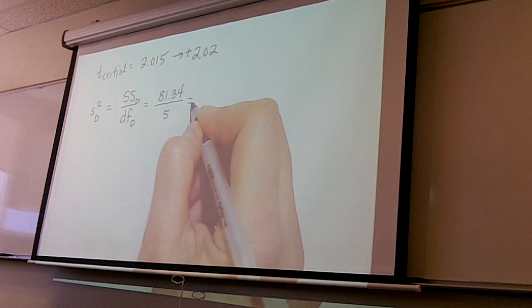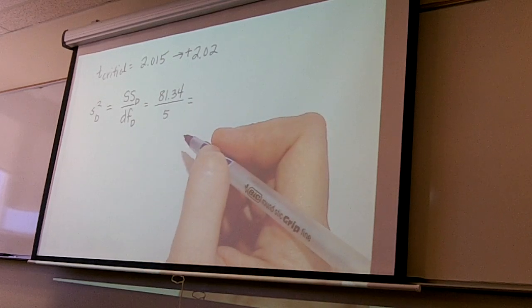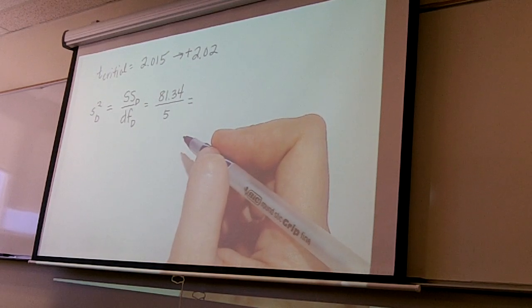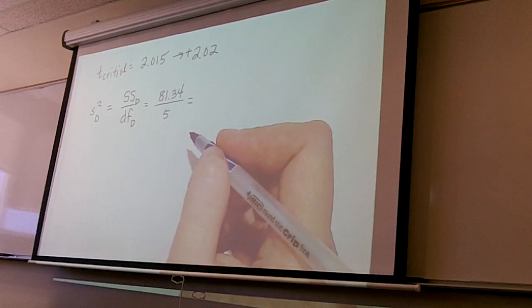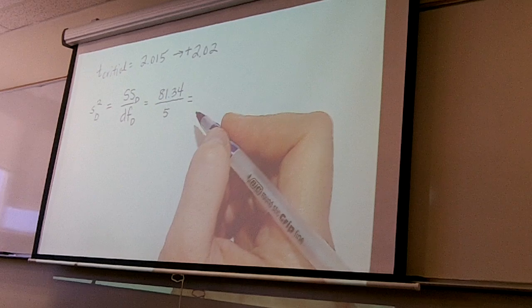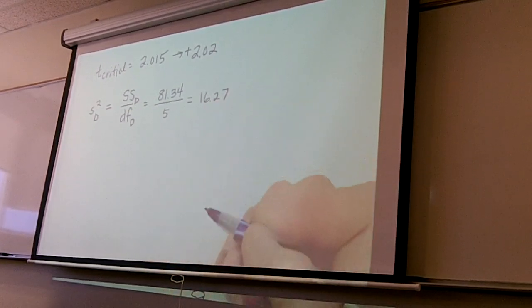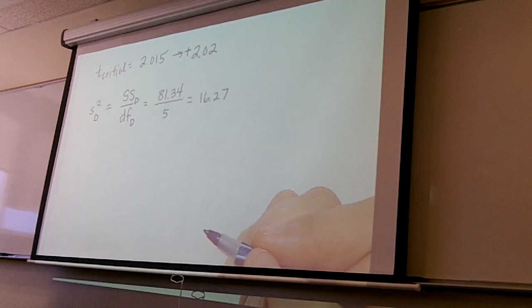So what is our sample variance of the difference? You don't have to do that in your head, but you do have to use a calculator. 16.27, I have votes. So there's our sample variance.